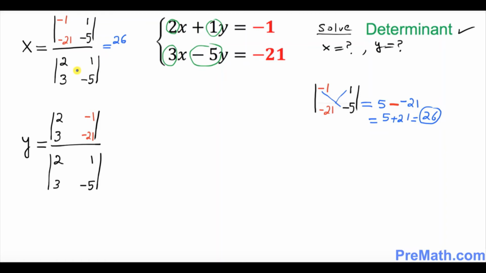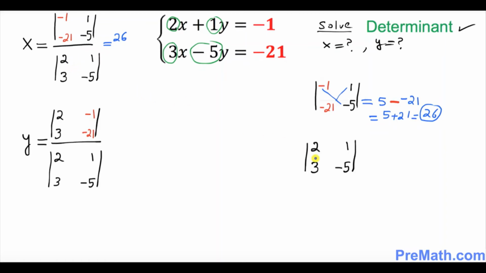And now we're going to find the value of this bottom determinant. Let's evaluate this one the same way we did before. 2 times negative 5 is negative 10, and right after that I want you to put a minus sign, and then cross multiply the other way around.